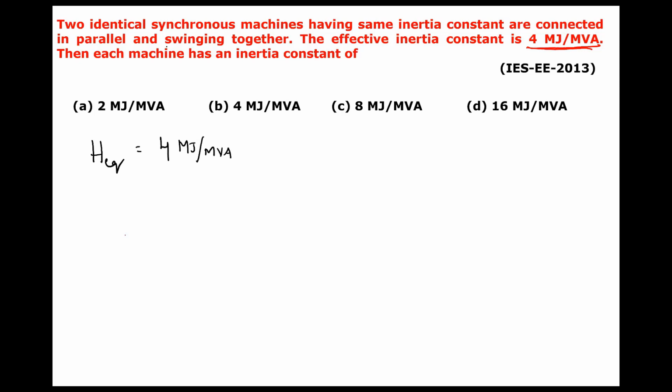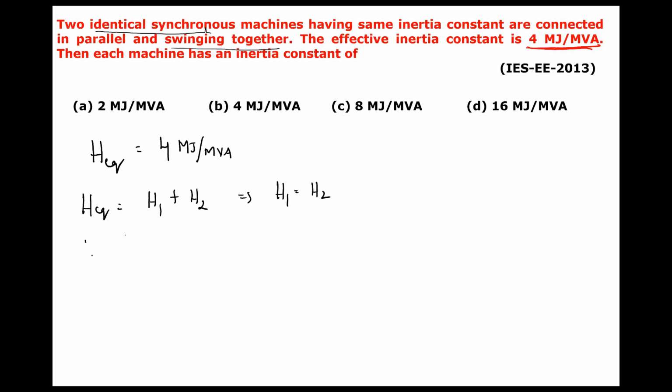And how are they swinging together? So H equivalent will become H1 plus H2. And what he said, both are identical machines, which implies H1 is equal to H2.